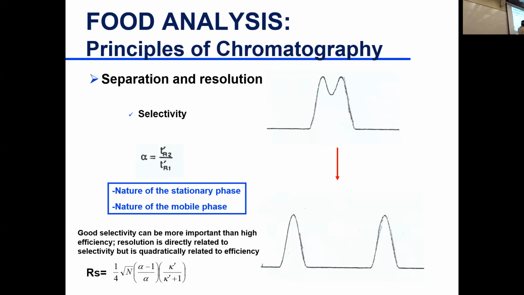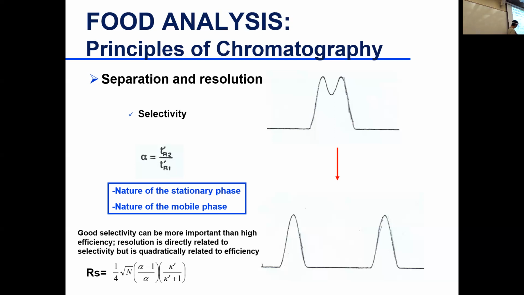The higher the alpha, the more separation you have. And good selectivity is more important than efficiency. So separation of two peaks is more important than how narrow or sharp the peak is. As long as they're separated, that is more important than having a short equilibrium.